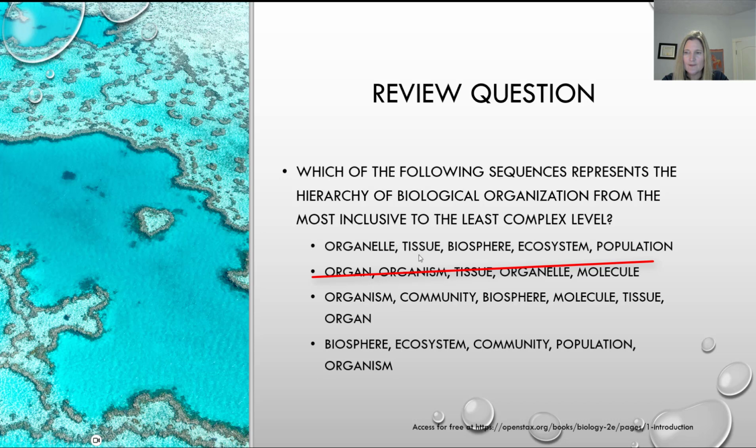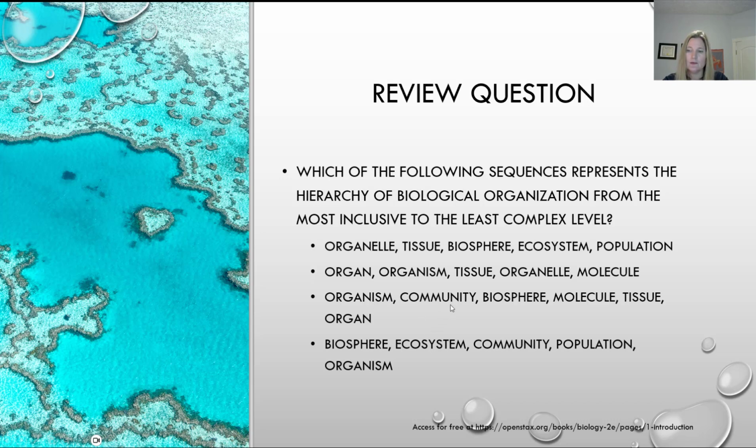An organism is in a community. Yeah, it can be in a community. That community is part of the biosphere. Yeah, that's true. A biosphere is part of a molecule. Not the correct order. All right, so I bet you it's this last one. So biosphere is made up of ecosystems.